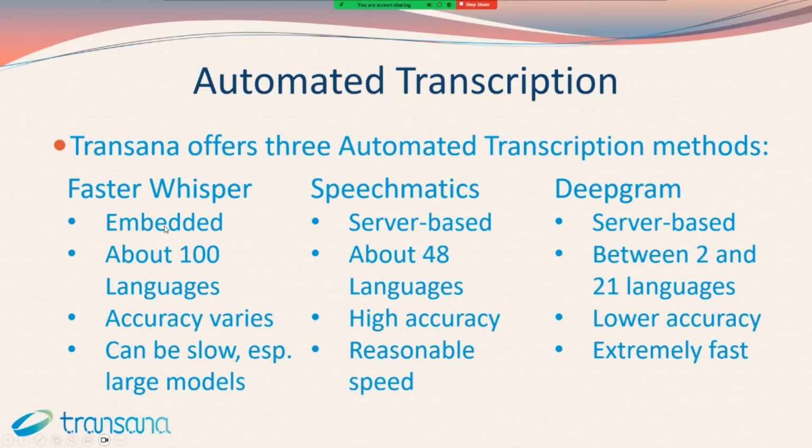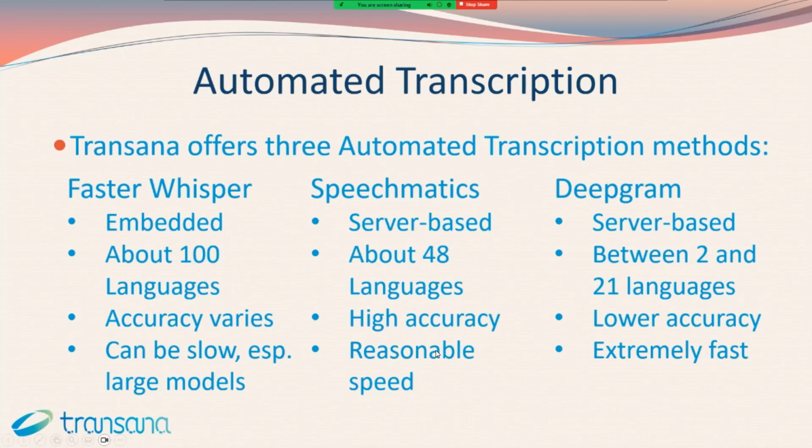But again, I think I've laid out the issues of data confidentiality, where Faster Whisper as the embedded system is the safest, the most likely to get approved by your ethics board. Faster Whisper supports the most languages, with Speechmatics coming in second.